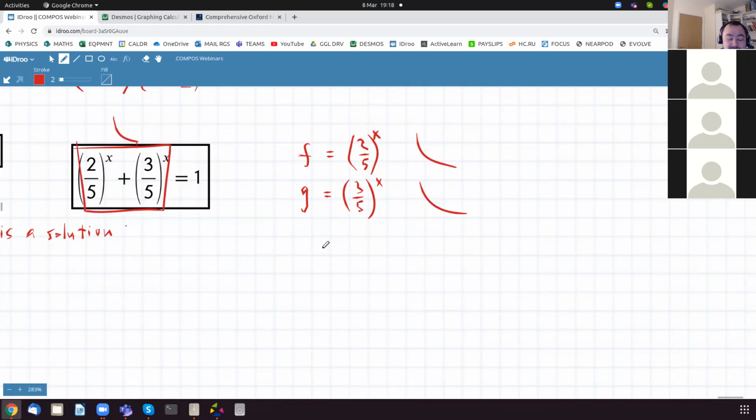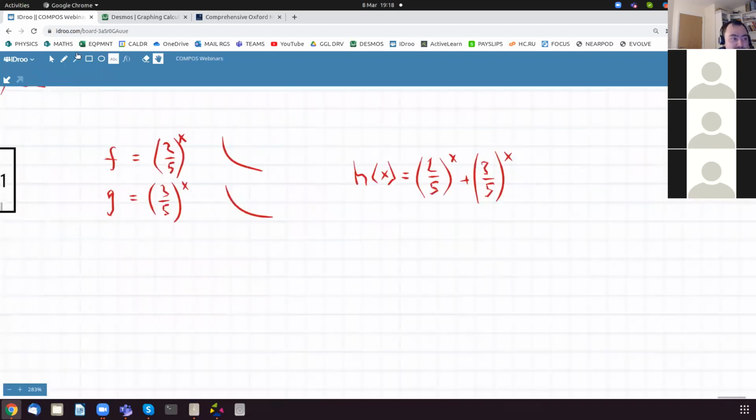And it's very easy to confirm. Basically, what that means, so if you take a function, well, I've used f and g, so if h of x is 2/5 to the x plus 3/5 to the x, it is a downward sloping function.